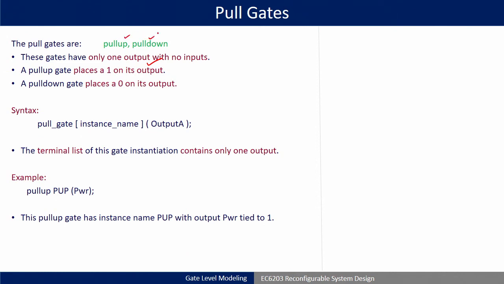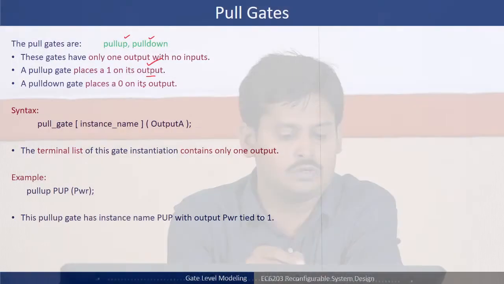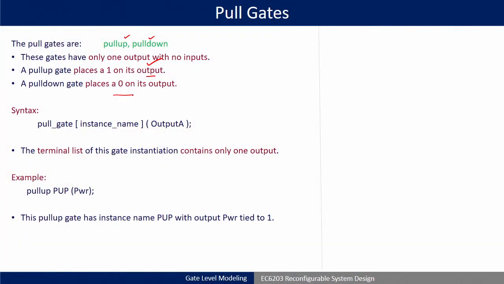So, in the next class I will write down the code for CMOS, and we will also see a 2 input NOR gate. A pull up gate places 1 on its output and a pull down gate places 0. This is a simple analysis. You can take the syntax as pull gate, pullup or pulldown, then instance name, then only one output.